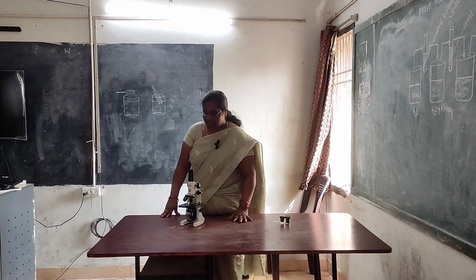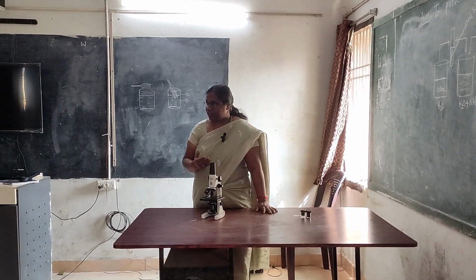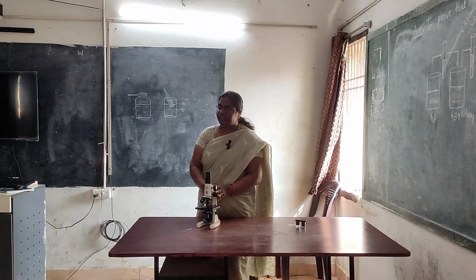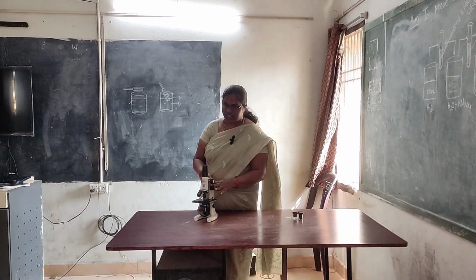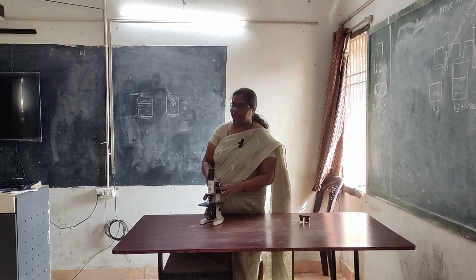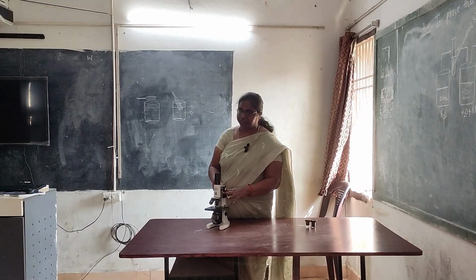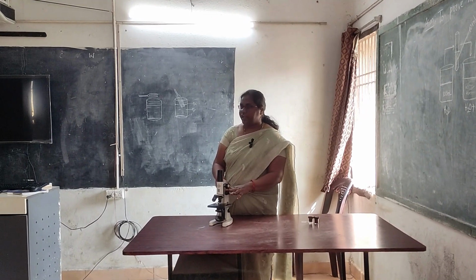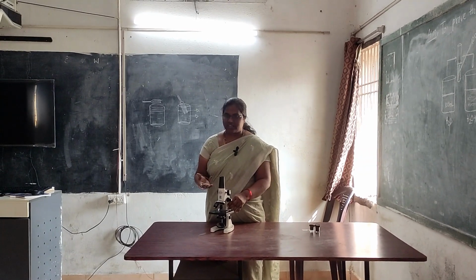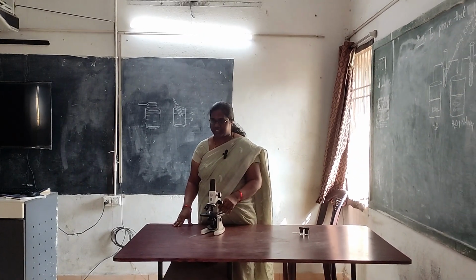Okay, children. Now let us see what the uses of the compound microscope are. Mainly we use this microscope in schools to see the different structures of microbes and some tissues and organs. Also, in labs we can use it to diagnose diseases, what type of disease.